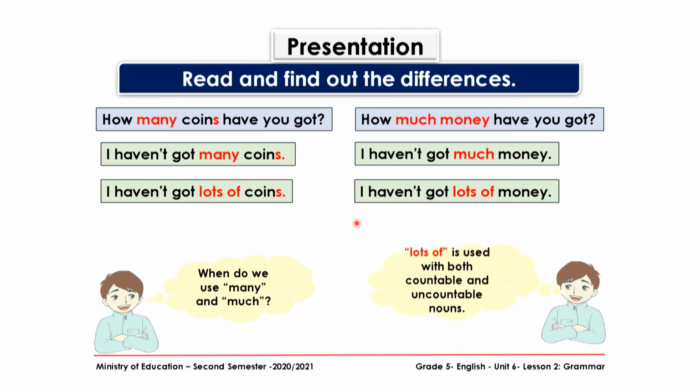You can notice here that for both many and much, we used lots of for the answers. So it means here that we can use lots of with countable nouns or uncountable nouns. But much is used for only uncountable nouns, whereas many is used only for countable nouns.